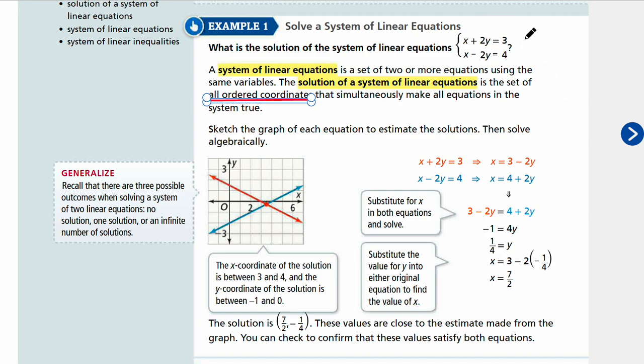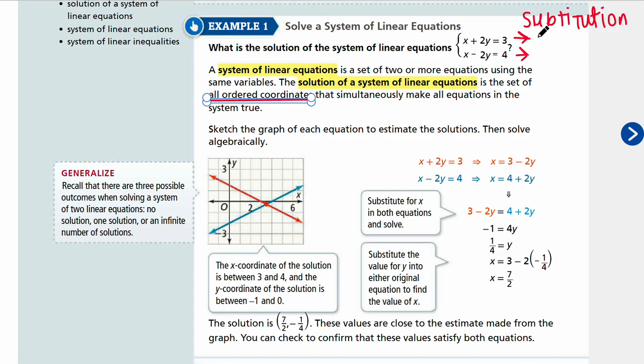So you can rewrite your equation into slope-intercept form and substitute. That is one method, substitution. And then we have another method called elimination for solving algebraically. We'll see that later, okay?